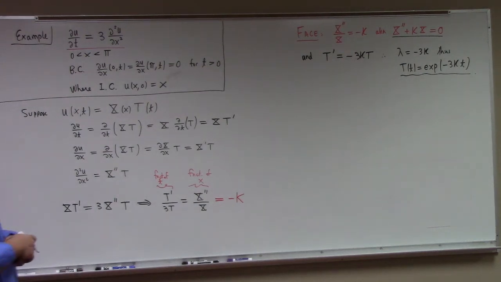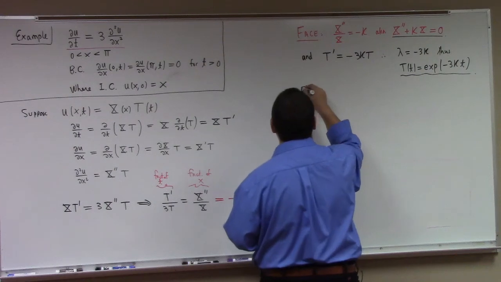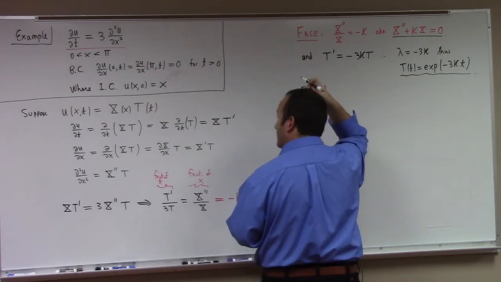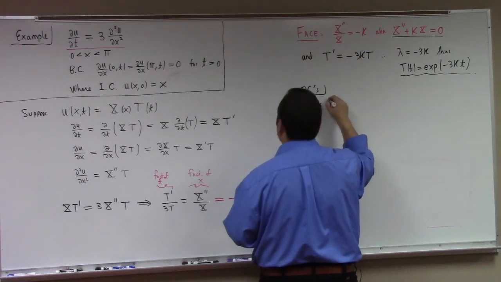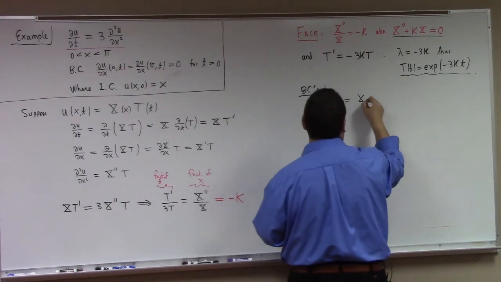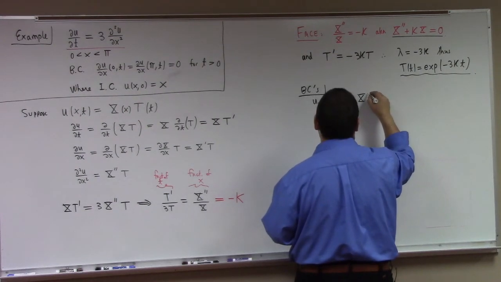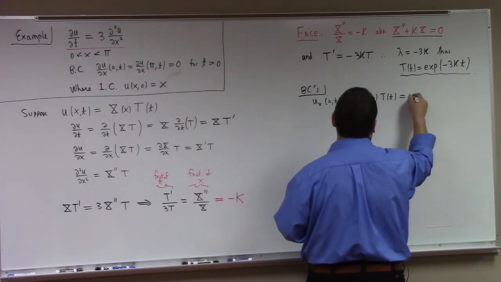Now, what about the spatial equation? So far I have used the pink underline, the actual PDE. Next up, I'm going to use the boundary conditions, right? So what would the boundary conditions say? We've got u_x at (0,t), which would be X prime of 0 times T of t equal to 0.